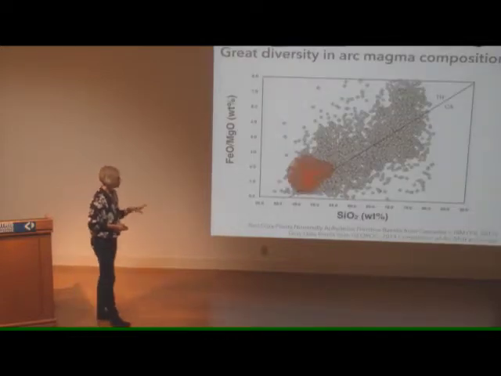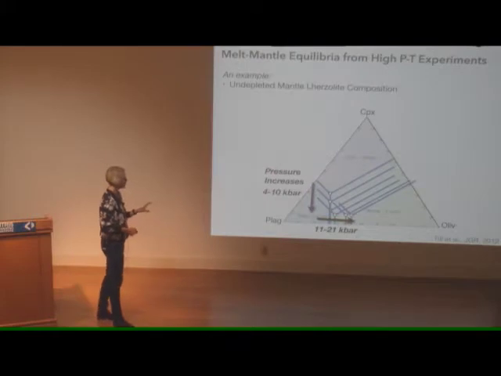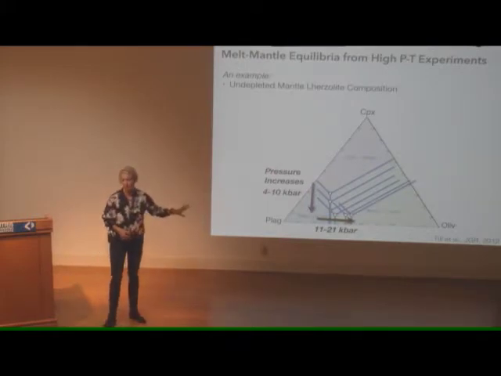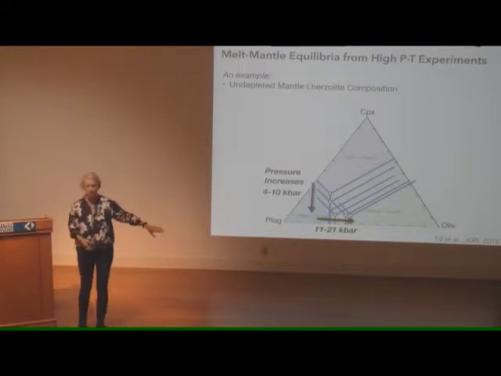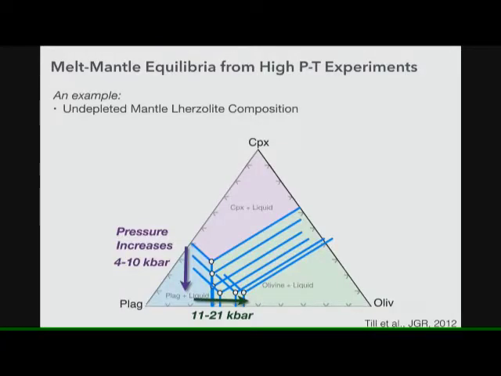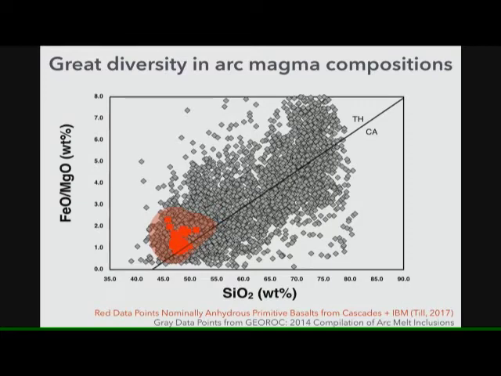So in the simplest sense, this kind of thing that I just showed you is a way of understanding dry melting of the mantle. Because what we've just done is we've taken a mantle composition and we've changed pressure and temperature and seen how melt composition varies. So we have a fixed bulk composition in this example. We have not added water to it. So we can explain basically the range of primitive mantle melts that we see at subduction zones.